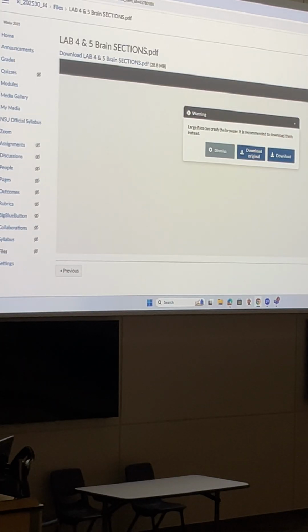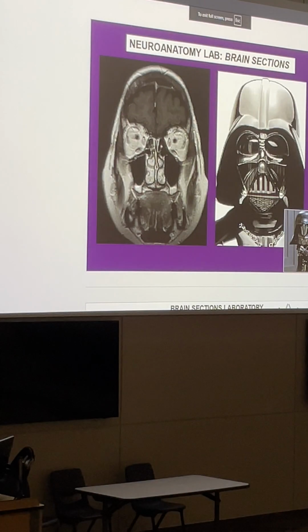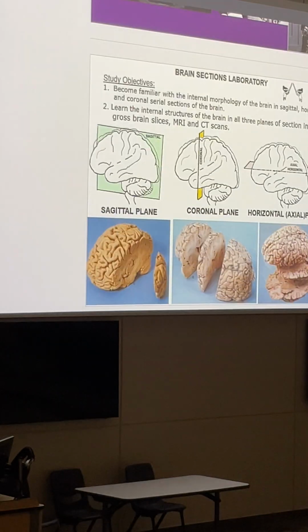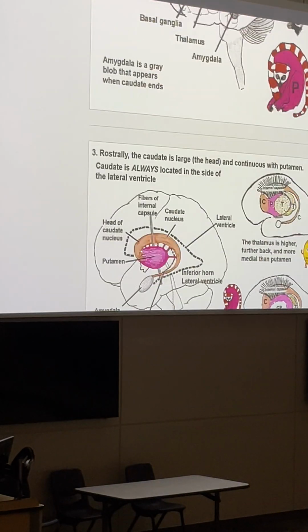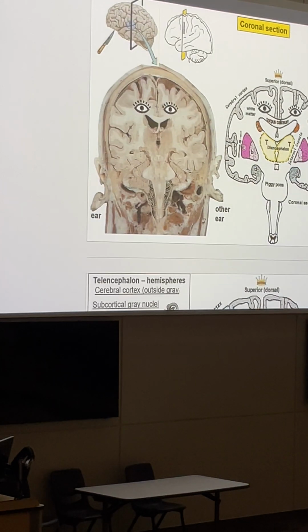The last module of the lab. Another map of the coronal section that is duplicated similarly to the real tissue.